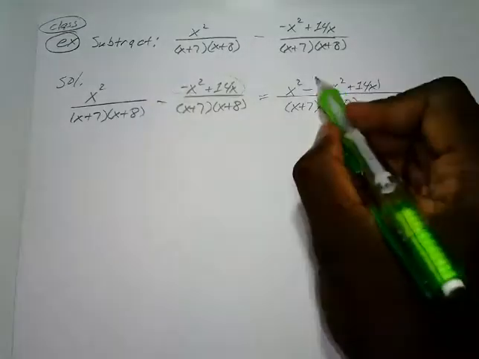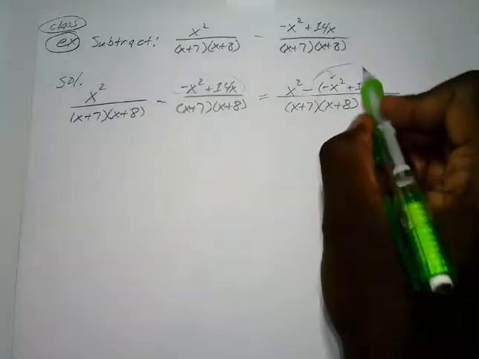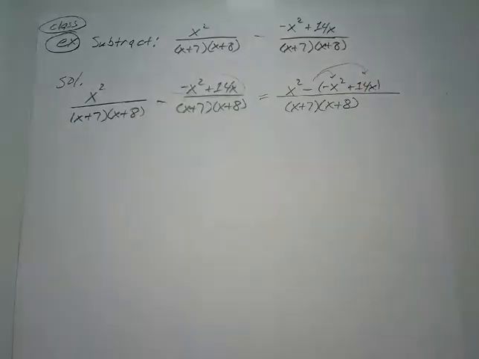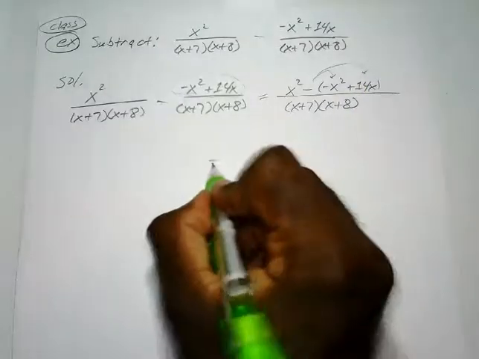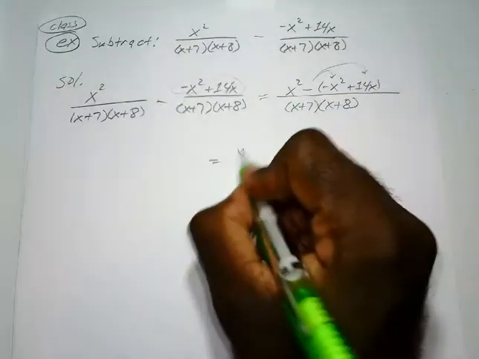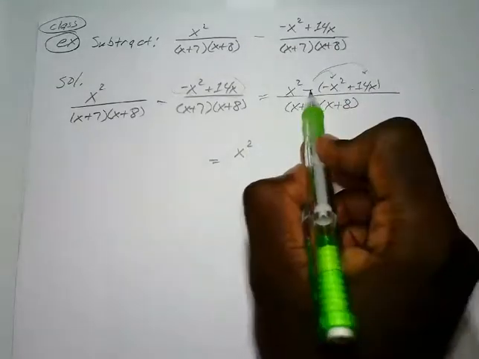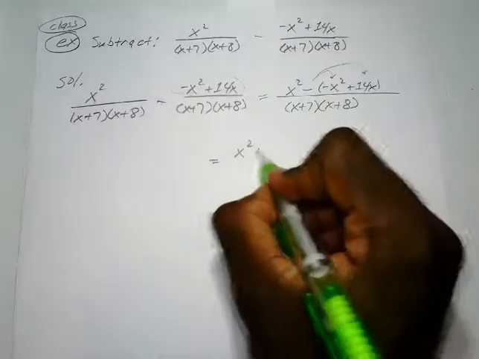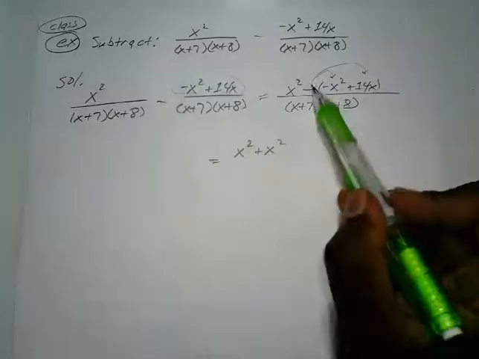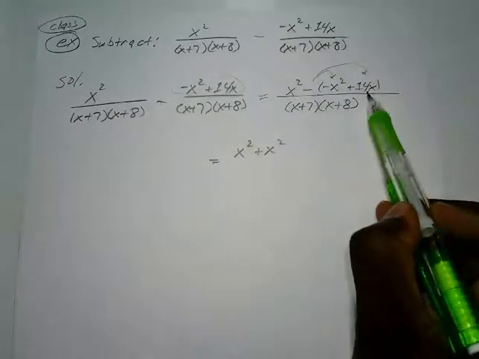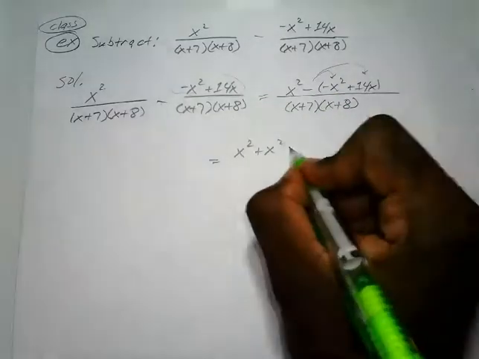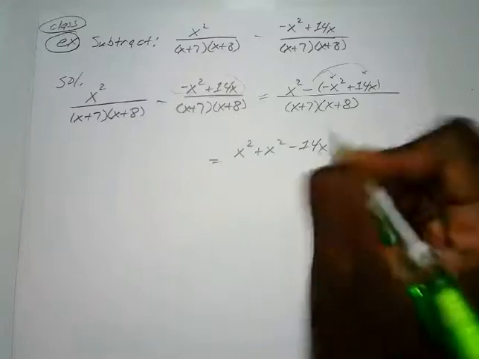Okay, so now we can go ahead and distribute that negative. Okay, so that's going to equal, you have your x squared. Negative 1 times negative x squared is positive x squared. Negative 1 times positive 14x is negative 14x.